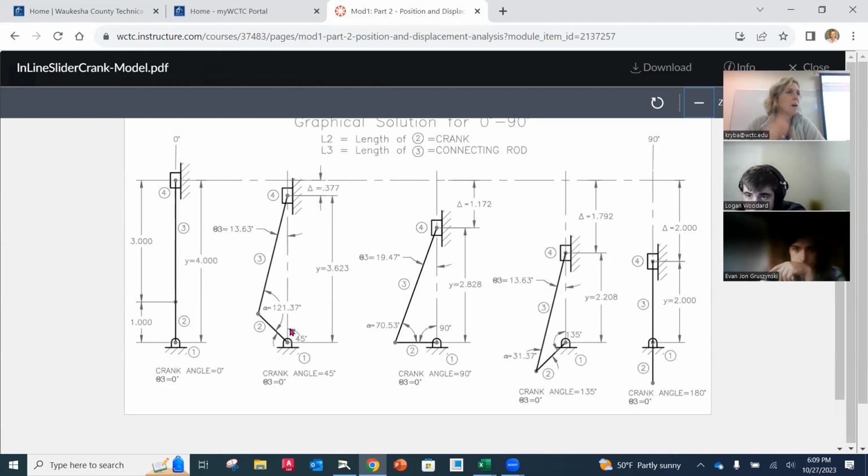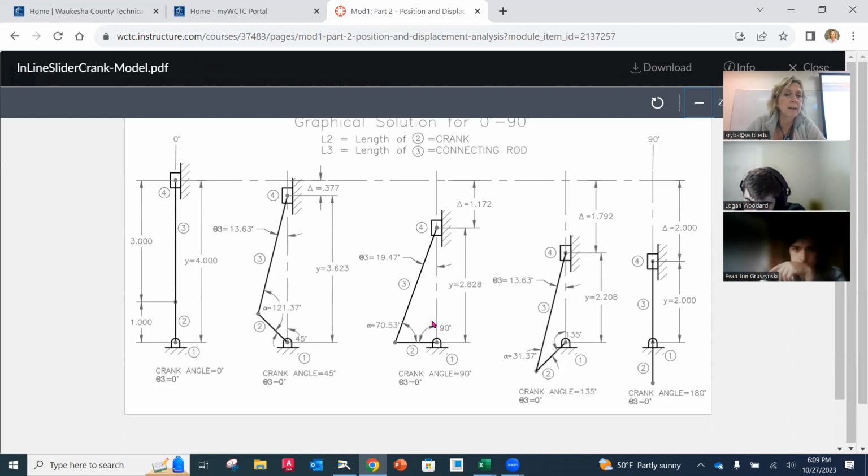For ours, it's 30 degrees. You're going to rotate it 30 degrees. You're going to then mark off how far your slider came down. And this displacement, this delta from top dead center down, is going to be the number that should match your spreadsheet at 30 degrees.